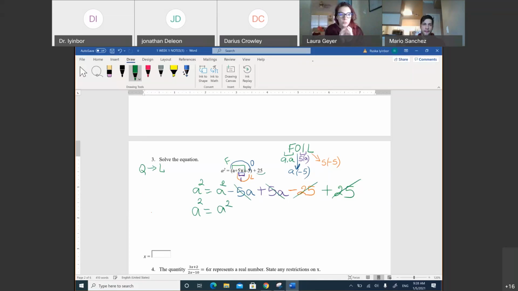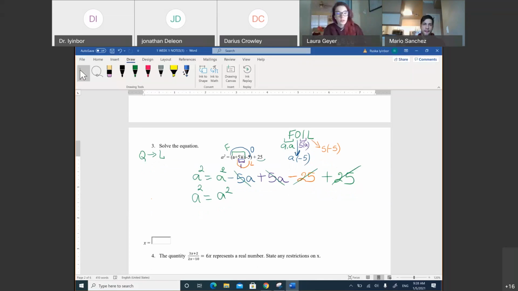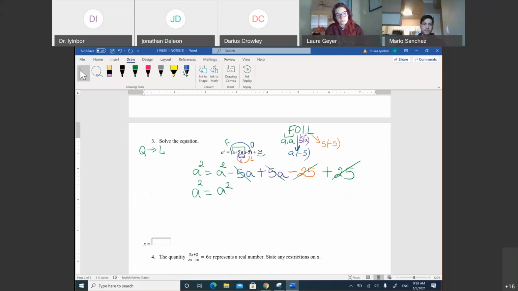Now we're going to move everything to the same side, so we subtract a squared on both sides. Everything cancels out again. What is left? Nothing. And the number for nothing is 0, so we get 0 equals 0.